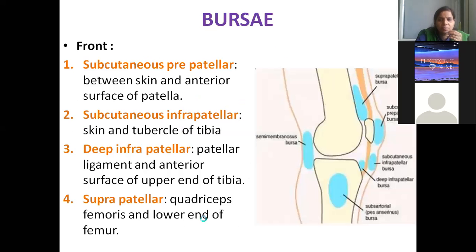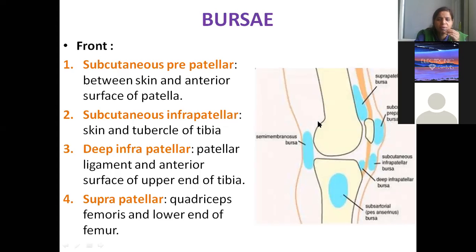So now let us see what are the various bursae we have surrounding the knee joint. Now see, this is the ligamentum patellae. The fibrous capsule is deficient because it has a passage to one of the bursae, the suprapatellar bursa. Subcutaneous prepatellar is between the skin and anterior surface of patella, right in front of patella.